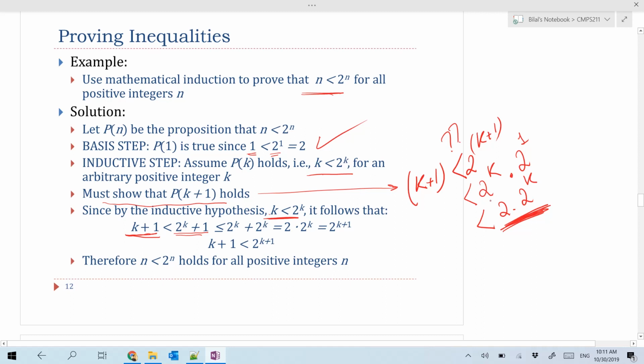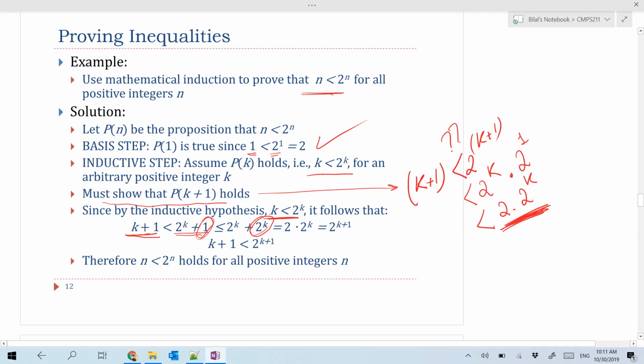But we know that obviously 1 is less than or equal to 2 to the power k, for any k actually. If k is positive, it's strictly less than. Furthermore, it's only equal when k is equal to 0.